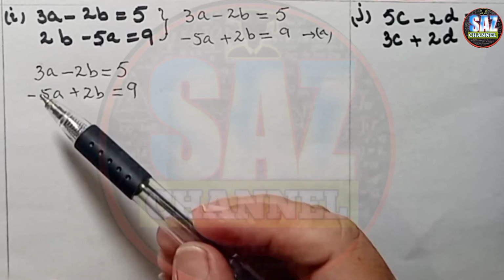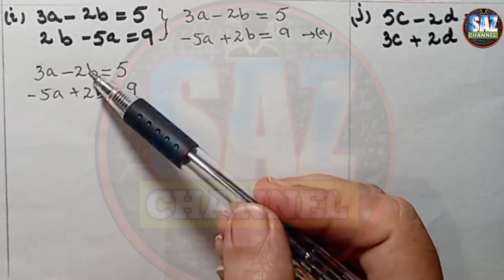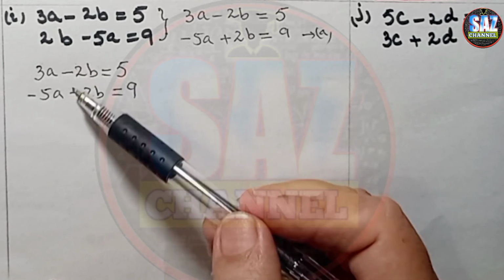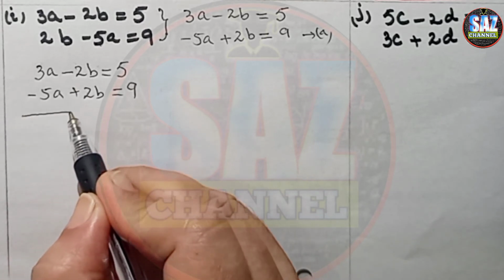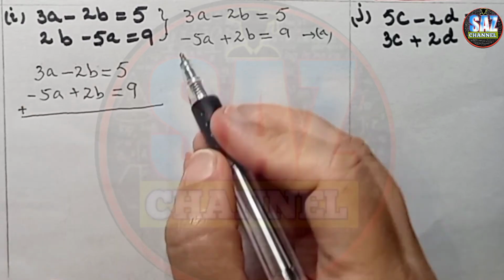Now observe the coefficients of a and b in both the equations. The coefficients of b in both the equations are 2 with opposite signs. Same coefficient, opposite sign, so add up the equations.